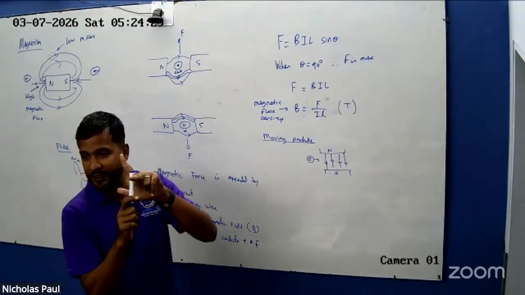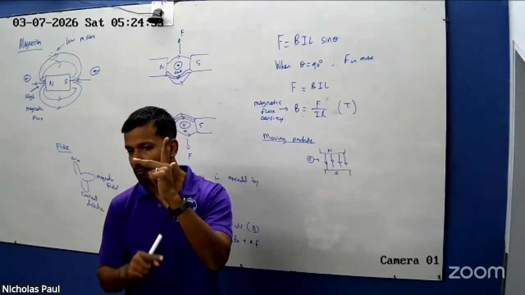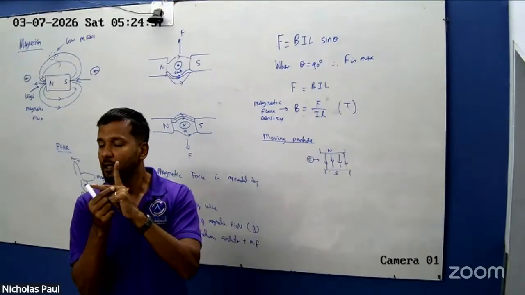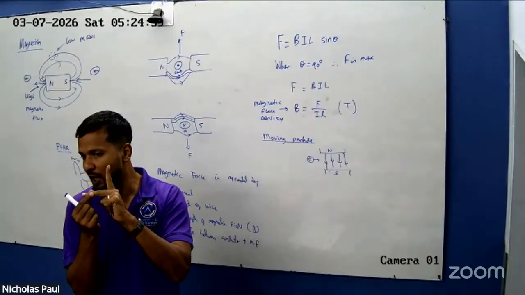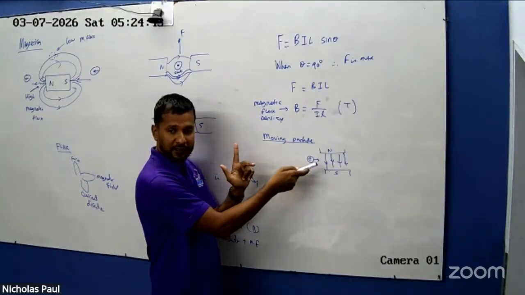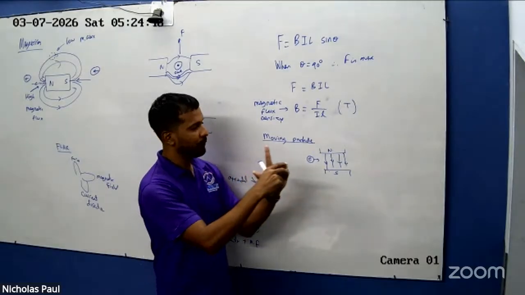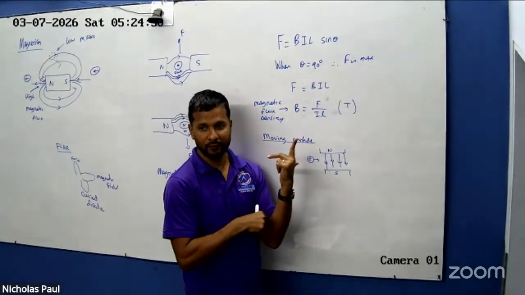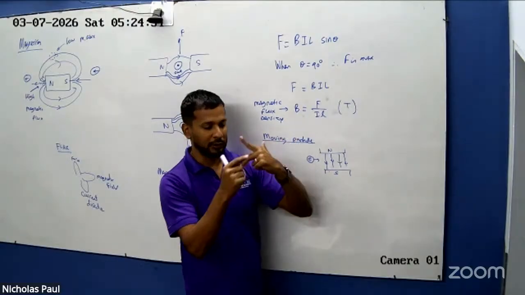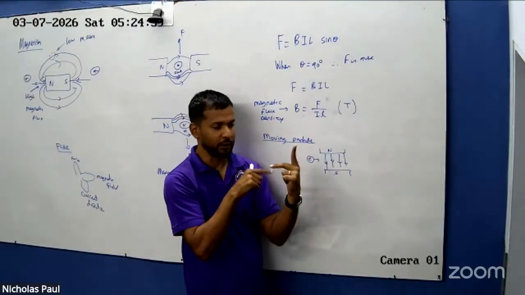In Fleming's left-hand rule, this is the field, and this is the current. Current is the direction of what charge? Positive. So if a negative charge is going this way, the positive current is going towards me. The magnetic field is going from north to south.